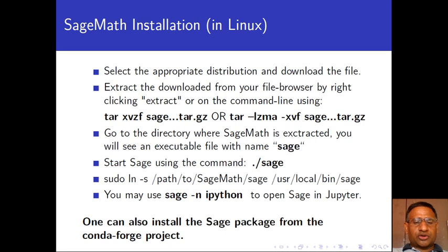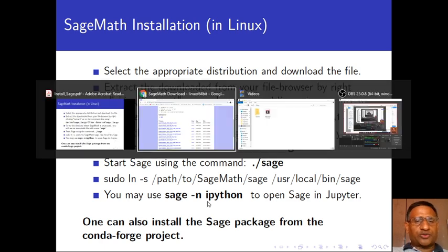One can also install Sage from what is called the Conda Forge project. Many of you might already be using Anaconda for Python. So in case you have installed Anaconda, then you can also install Sage using the Conda Forge command. I'll just show you from its website.